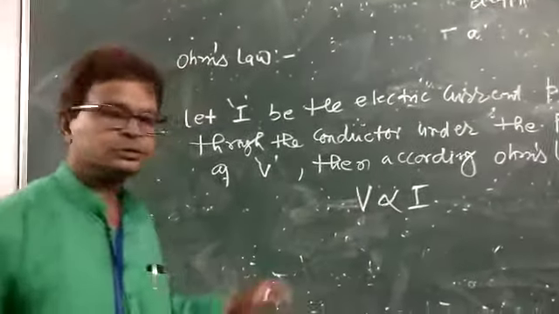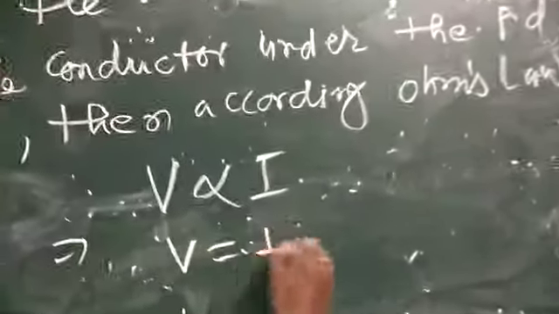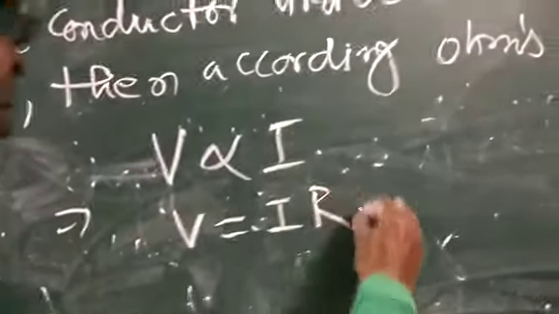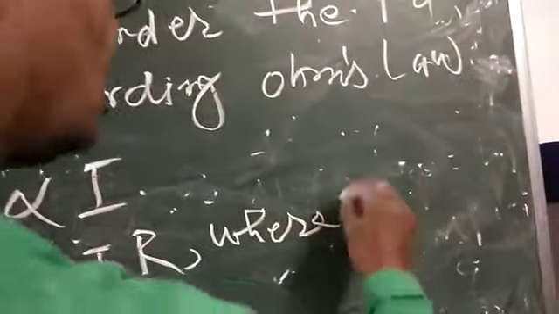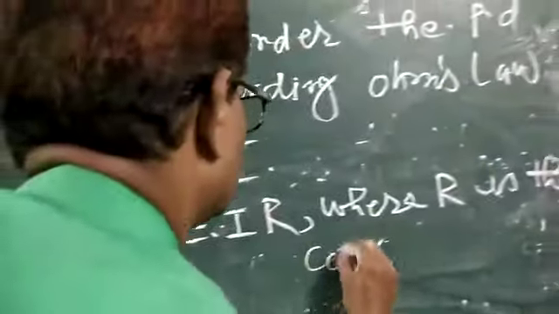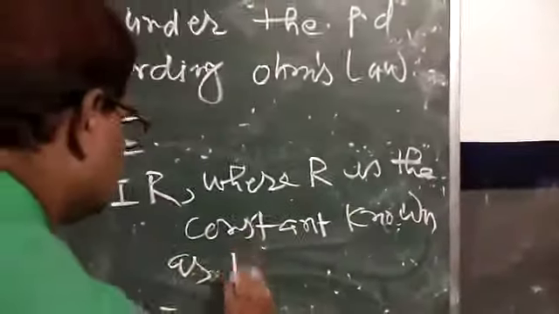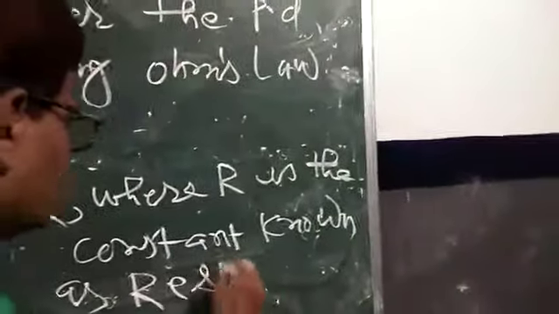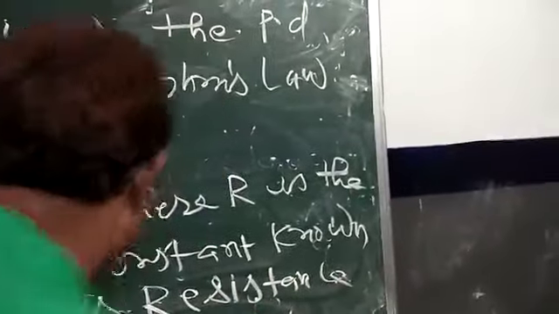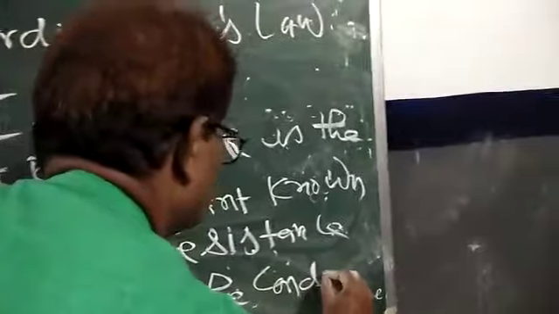Now we are going to extend this expression. This may be written as V is equal to IR. Here R is the constant known as resistance of the conductor.